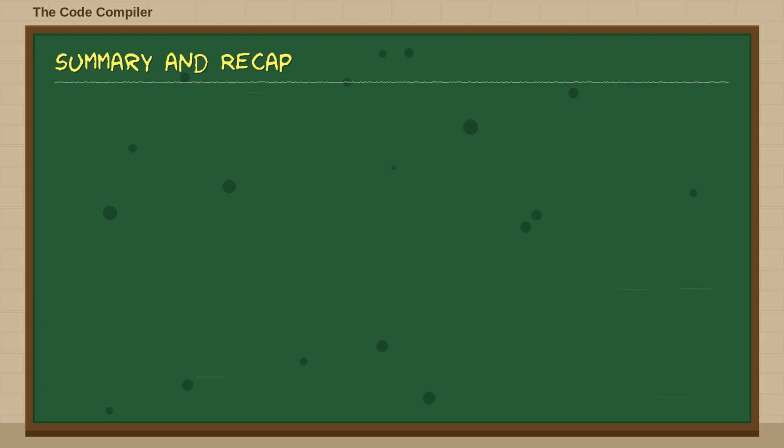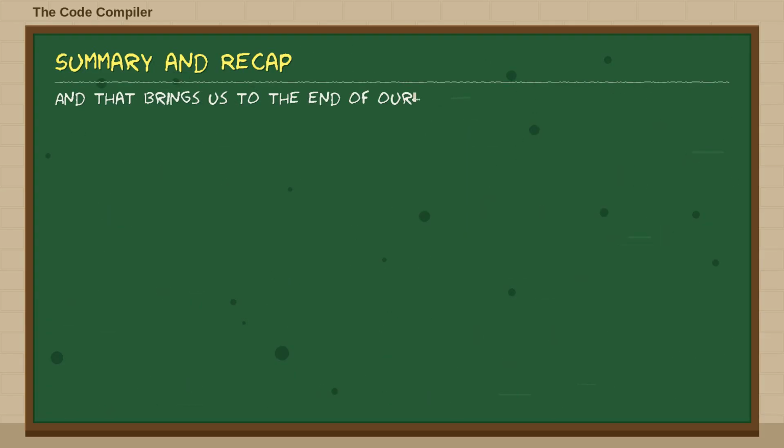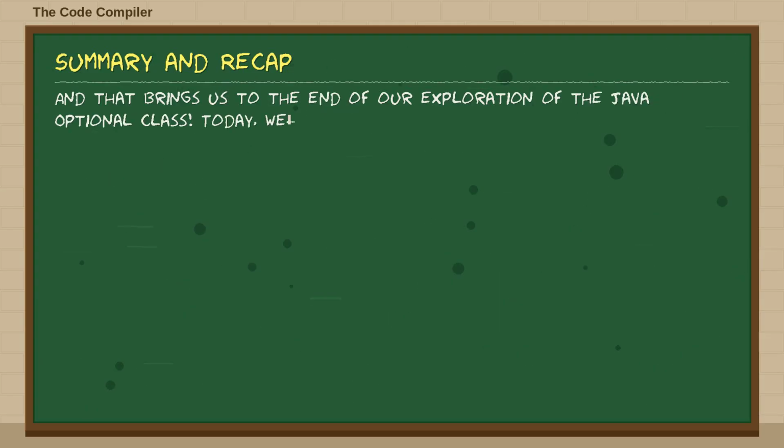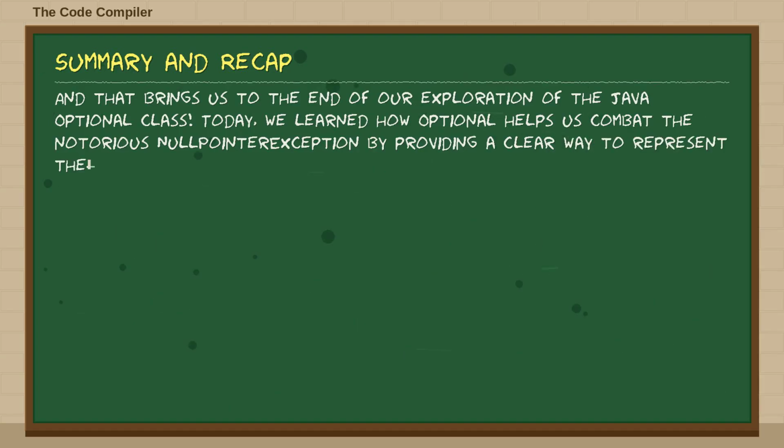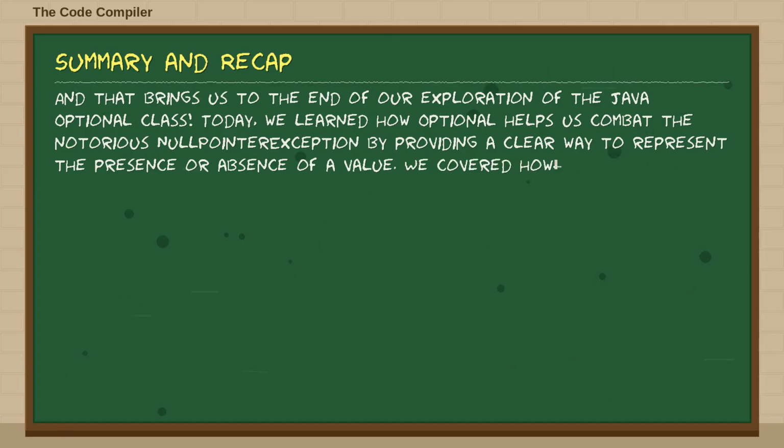And that brings us to the end of our exploration of the Java Optional class. Today, we learned how Optional helps us combat the notorious null pointer exception by providing a clear way to represent the presence or absence of a value. We covered how to create Optional instances using of, ofNullable, and empty.